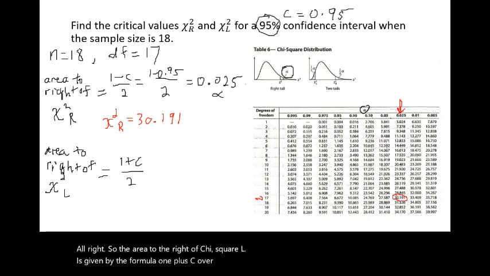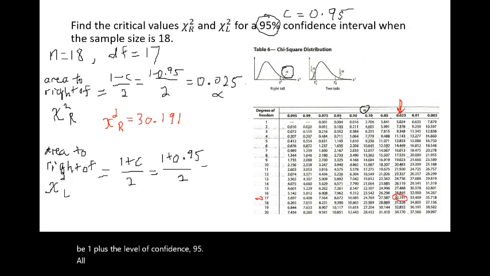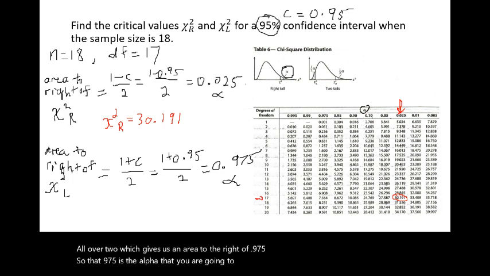So the area to the right of chi-square L is going to be (1 plus the level of confidence, 0.95) all over 2, which gives us an area to the right of 0.975. So that 0.975 is the alpha that you are going to look up when you look up the chi-square L in the table.